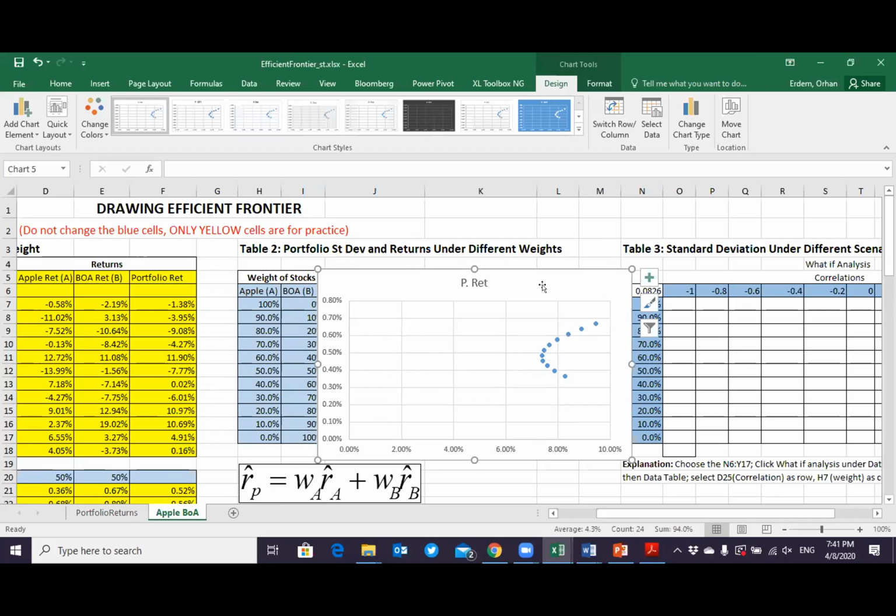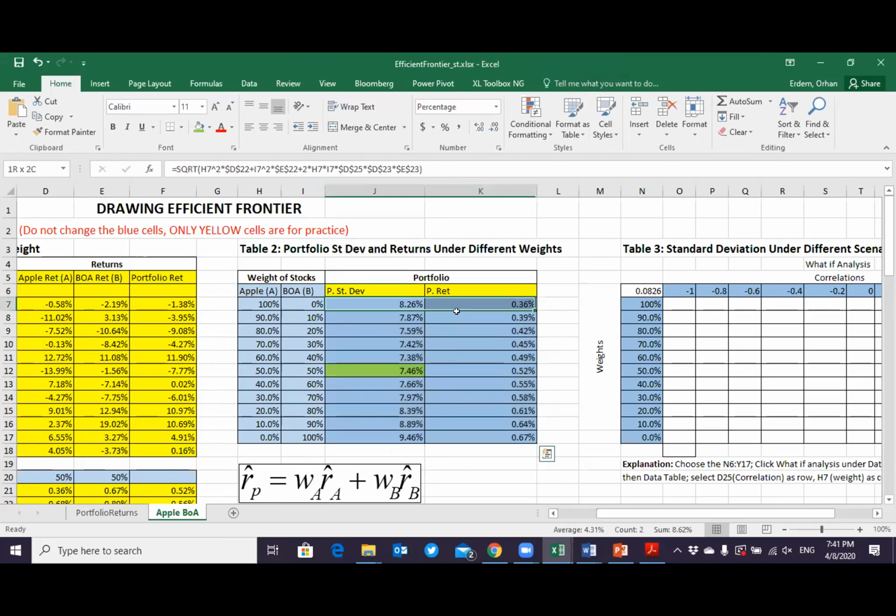Okay, let's delete this graph. Do you have the same numbers here? Are the numbers same? Is portfolio standard deviation same? No, it's wrong. But you said do 8, 7, and then D21. You did. So this one should be D21. E21 must be fixed here. Okay.